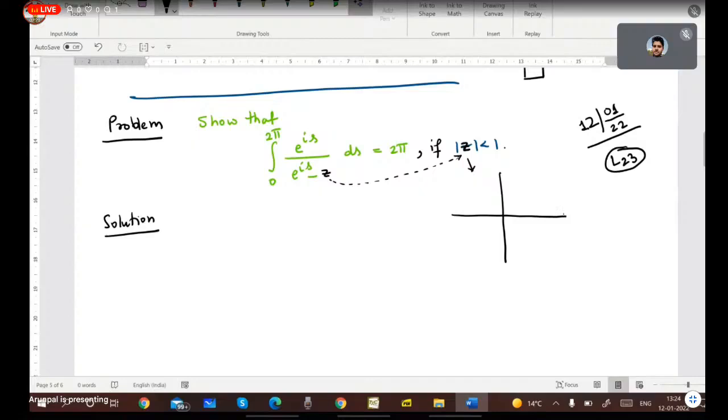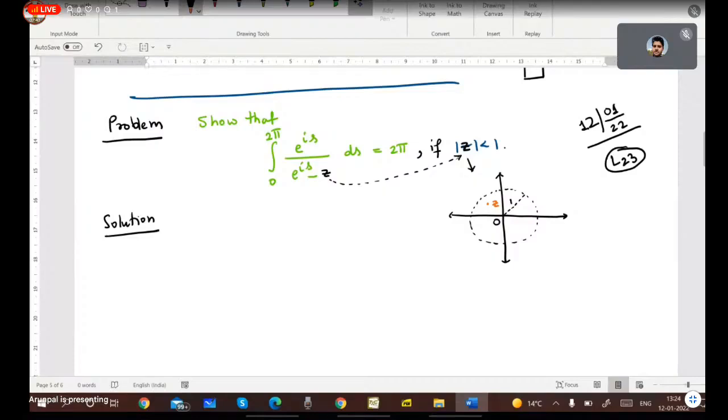It means class, complex plane में, in complex plane you take this unit circle centered at the origin, then it means this z is any point here.